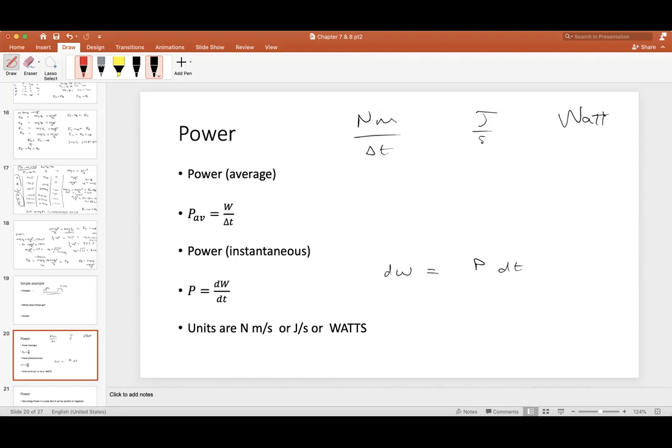Power is a scalar. It has to be a scalar, right? We don't assume that time has a direction, and energy definitely doesn't have a direction. Therefore, power can have a direction in the sense that energy has a direction. We can talk about negative power and positive power. We never do.